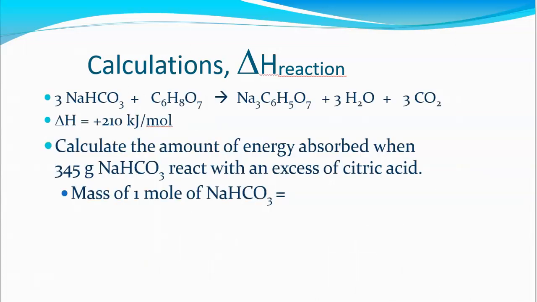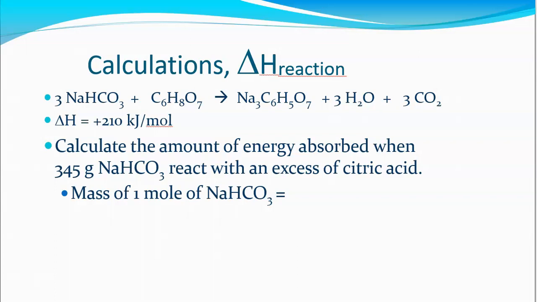Okay. So here's my reaction. This is actually the reaction from part 1. We have sodium hydrogen carbonate reacting with an excess of citric acid. And we find that the delta H here is positive 210 kilojoules per mole, which makes sense because in our lab, we figured out that this was an endothermic reaction.